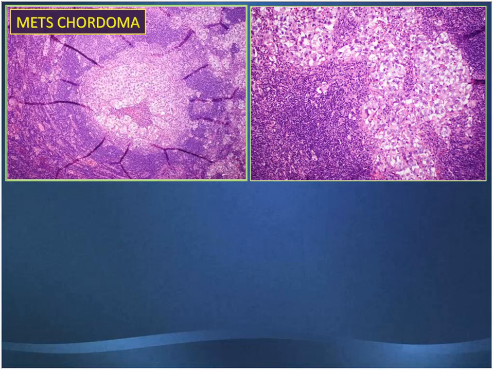Now, if you want to see some unusual ones, look at these two slides up there, which are actually metastatic chordoma in lymph nodes. Without any clinical history, it would be unlikely that anybody would think about them because they don't have the usual morphology of chordomas. And chordomas in lymph nodes are not that common an entity.